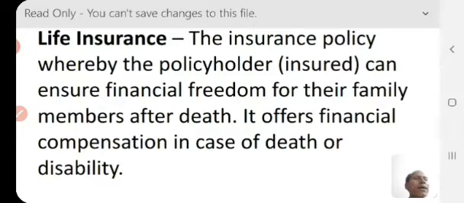There are 3 occurrences. One is maturity after the completion of the term, another one is disability, and the third one is at the time of risk or death.